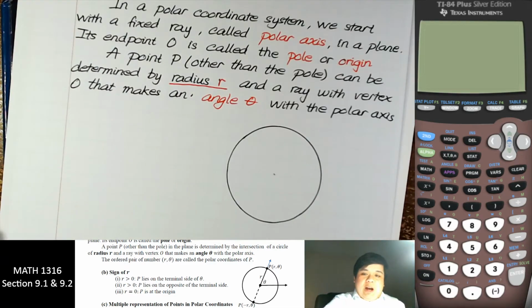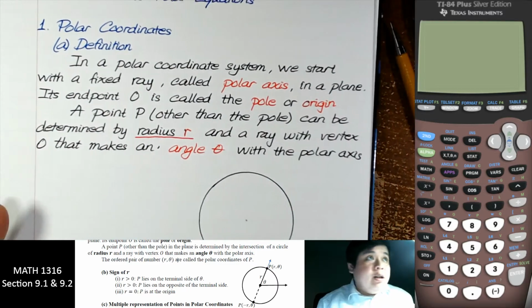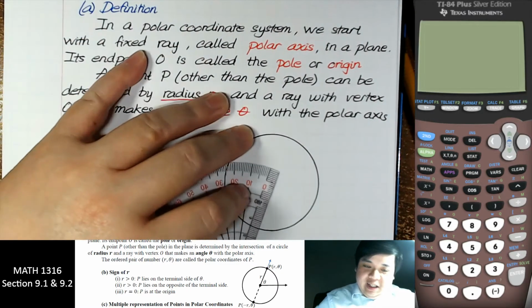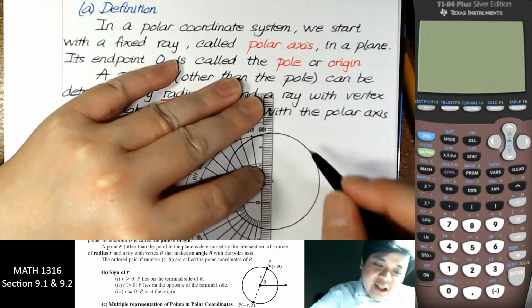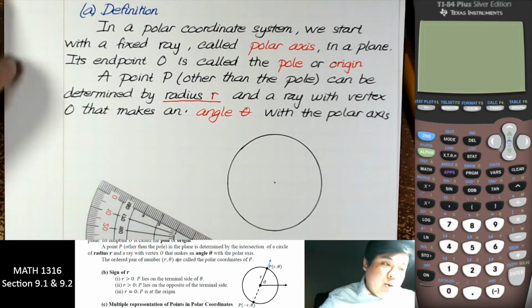In that case, we have a circle. Good enough. We don't have a center as well. So let's say we have that. In this case, we will not have the x-axis and the y-axis anymore.